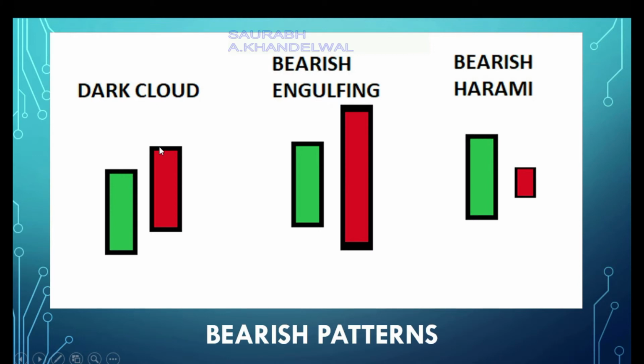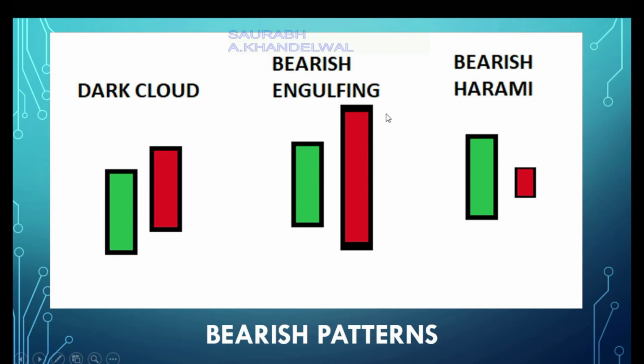And again, the price opened higher than the previous close and started moving downwards. And it closed below the 50% mark of the previous body. Then it is called a dark cloud pattern. The significance is very high, and the lower it goes down, the higher the probability.